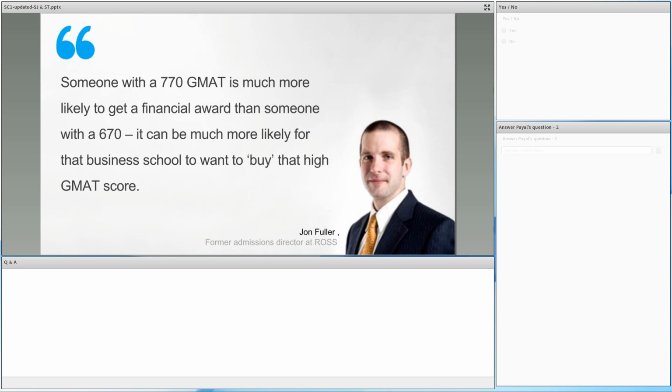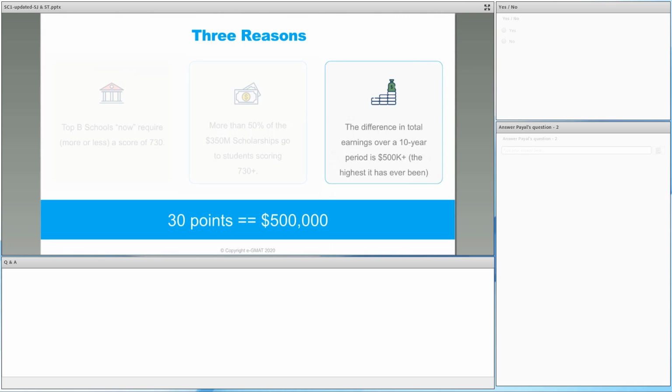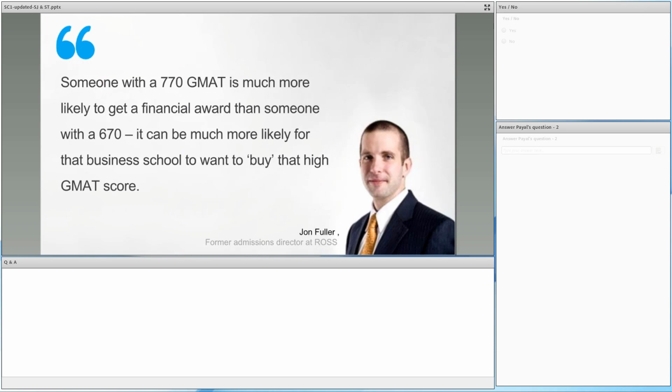With that, a very important thing that John Fuller, who was the former admissions director at Ross, talked about: according to him, someone with a GMAT 770 is much more likely to get a financial award, and by that he means a scholarship, than a person who has a 670 on the GMAT.